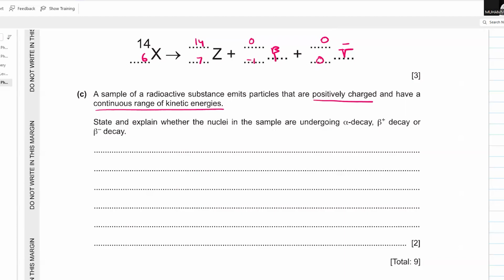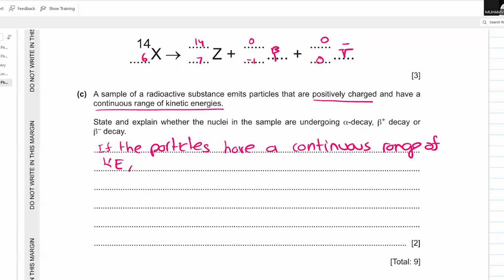You can write this: if the particles have a continuous range of kinetic energies, they cannot be alpha particles. So this gets eliminated. Only beta positive and beta negative decay is left.